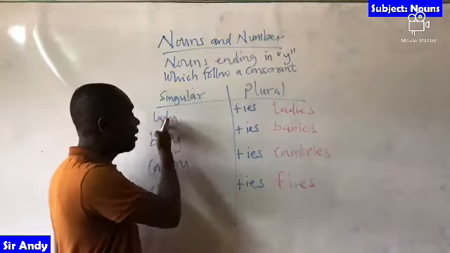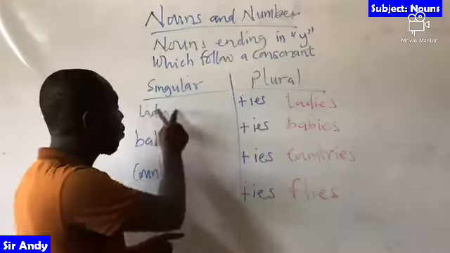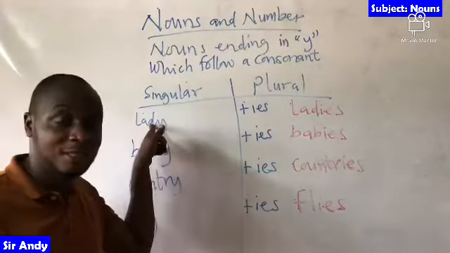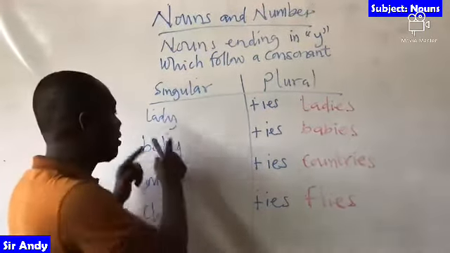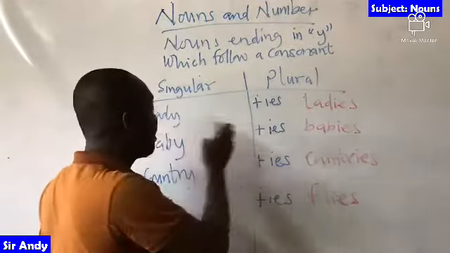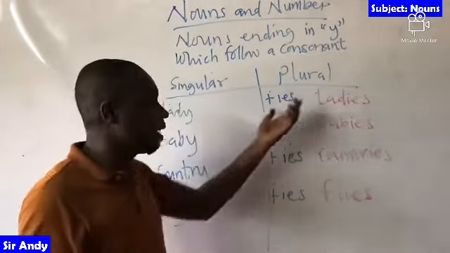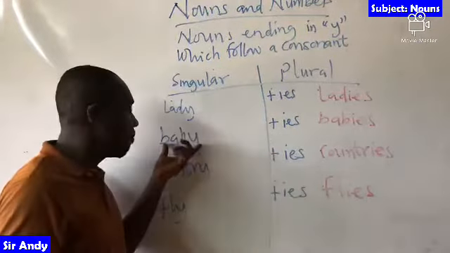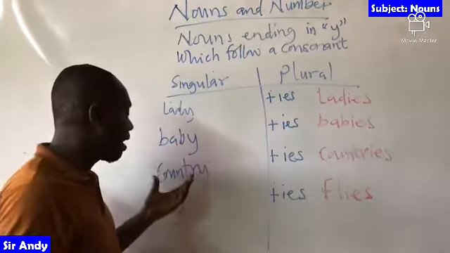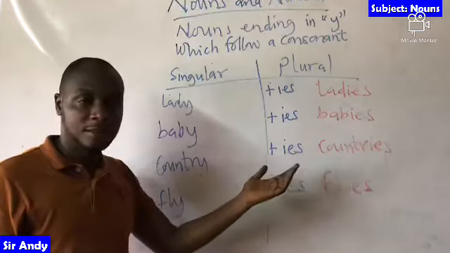So lady, for instance, becomes ladies, where we take away the y and add the ies, because the y is coming after a consonant sound, which is the d. Lady becomes ladies. Baby becomes babies. Country becomes countries.